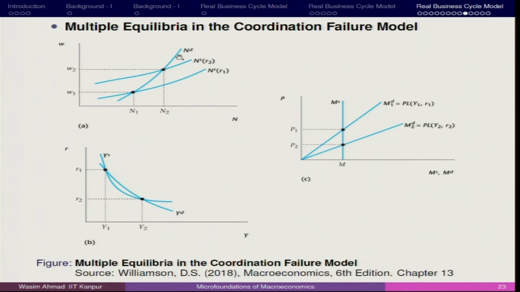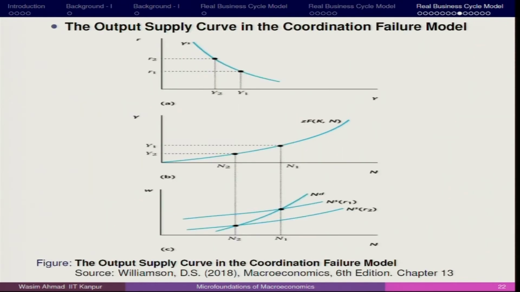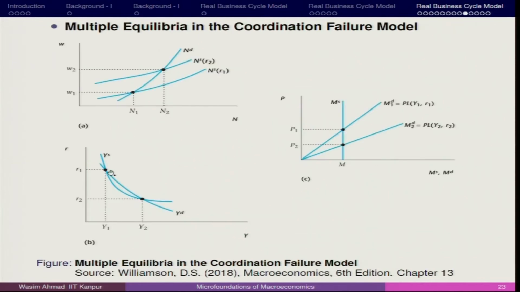Now, the case of multiple equilibria becomes important to look at. If you have multiple equilibria, then we try to explain that the role of optimism and pessimism will play an important role.